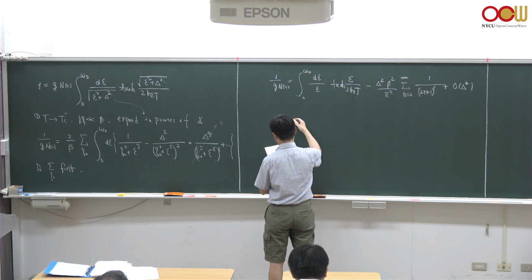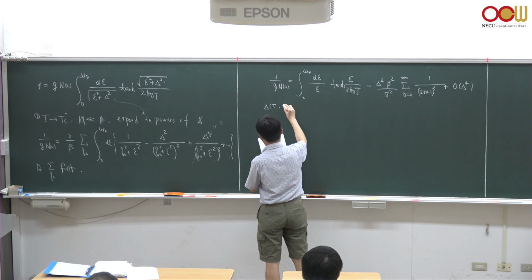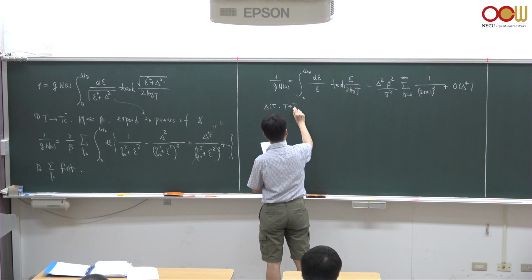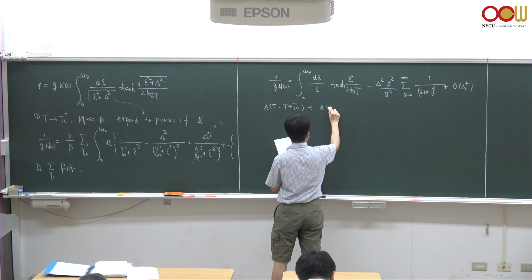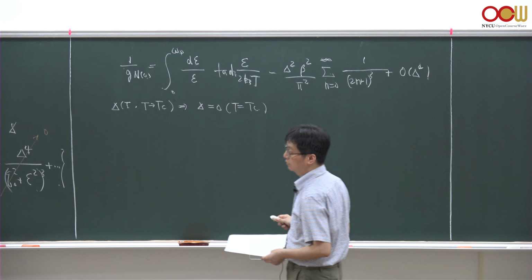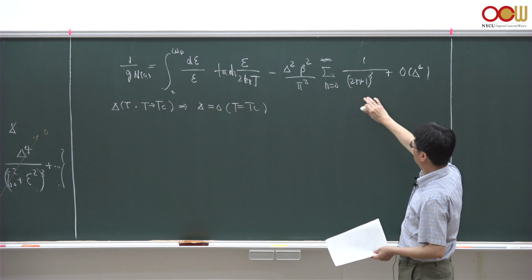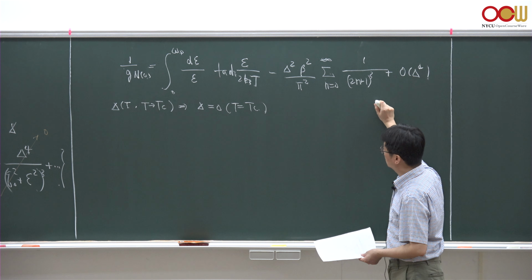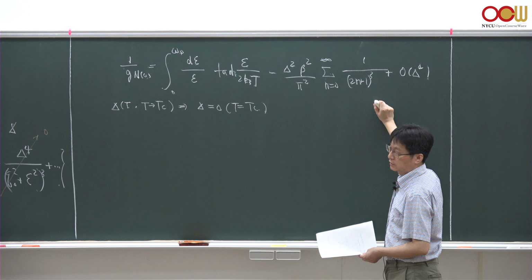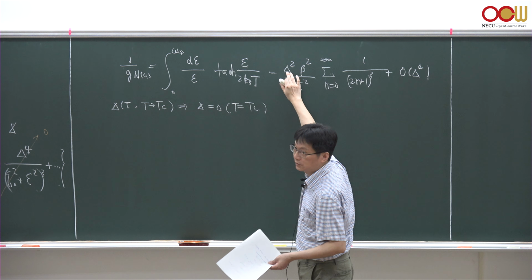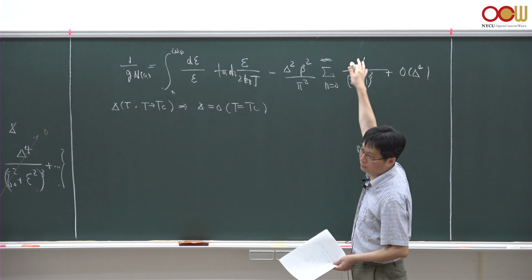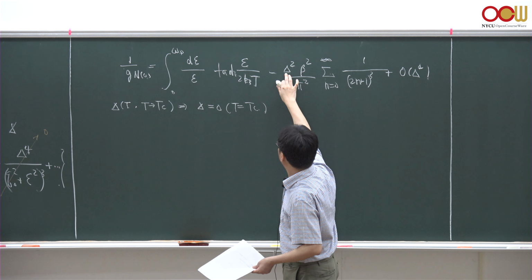Okay, so let's just do this. When temperature is really close to Tc, delta vanishes. So you can determine Tc based on the condition that when T is exactly Tc, delta vanishes, so you don't have the second term. The second term goes away because delta is 0 right here.